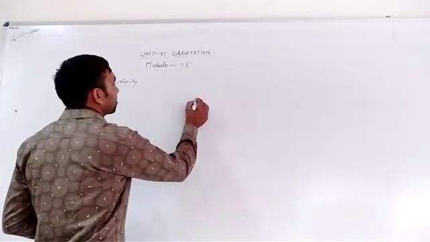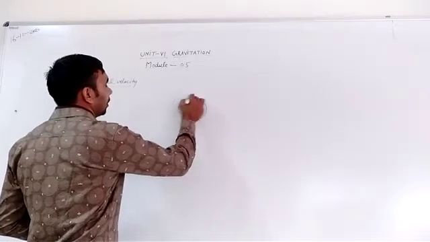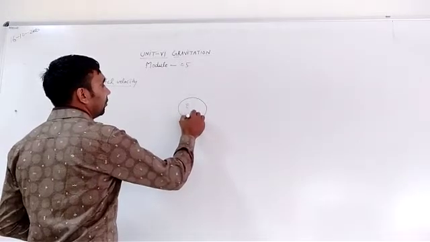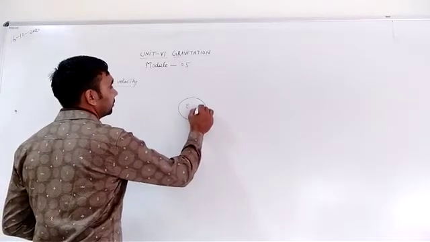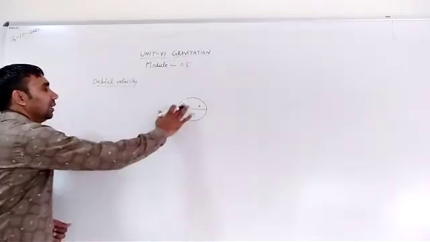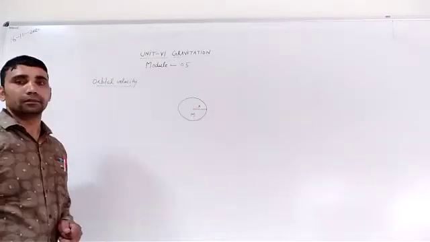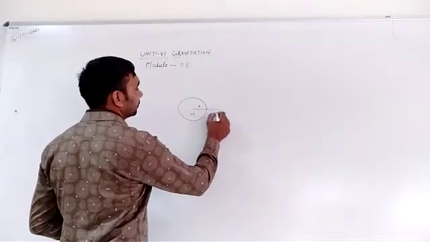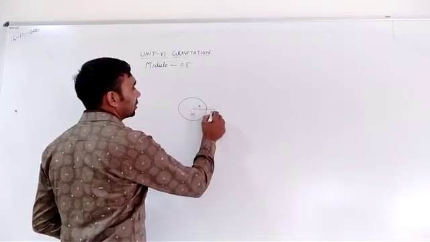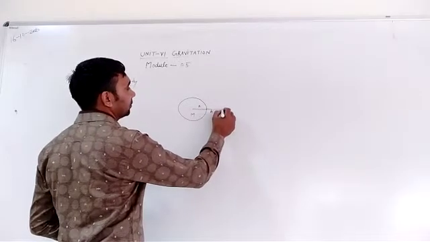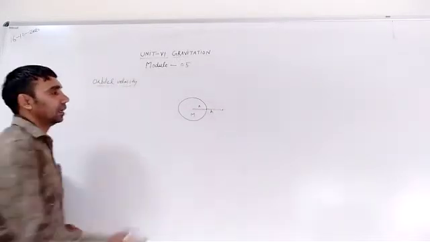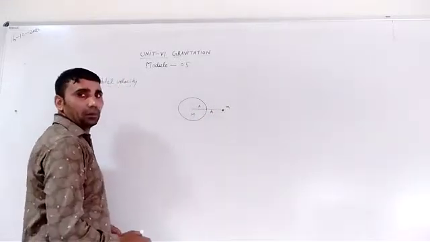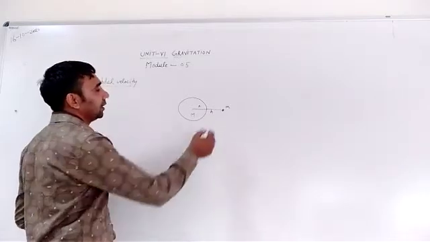Let the Earth have mass M and radius R. A satellite of mass small m is put into an orbit at a height h above the surface of Earth.